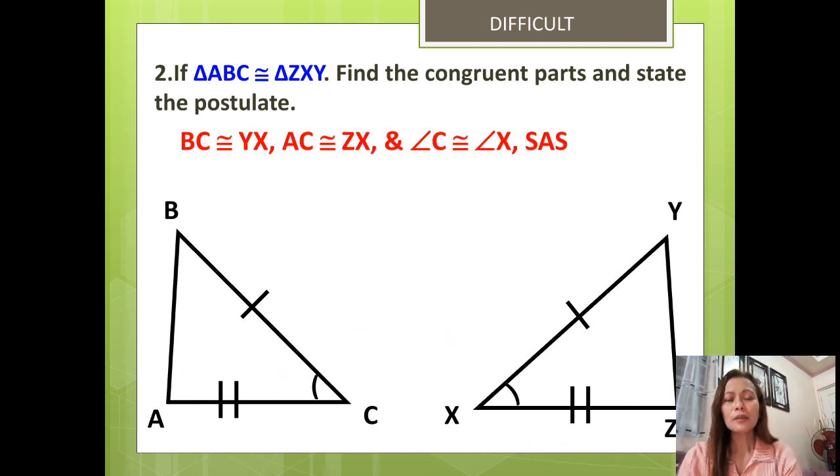The answer is, so side BC is congruent to side YX. Side AC is congruent to side ZX. So angle C is congruent to angle X. And that is side, angle, side. So obviously there is an included part, and that is angle.